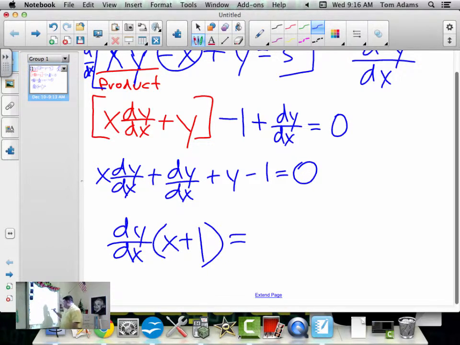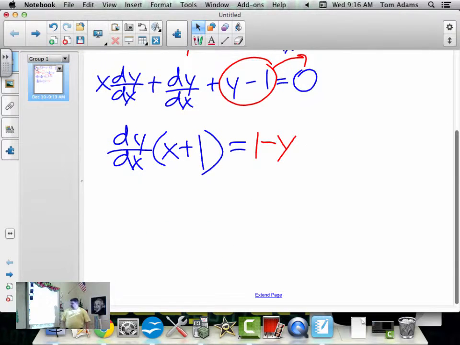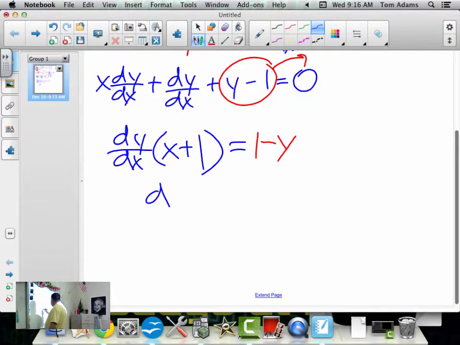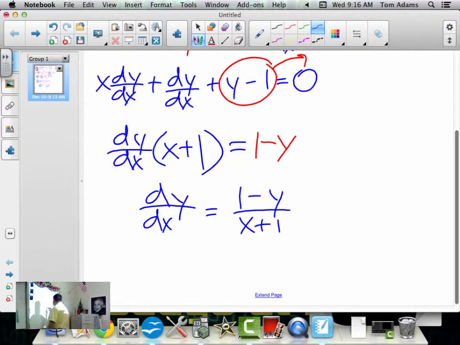And then if I take all this stuff here and I subtract it and move it to the other side, I'll get 1 minus y. Am I right on that? Yeah. Does that look good? Yes. Okay, so now I just got to solve for dy dx. So dy dx is equal to 1 minus y over x plus 1.